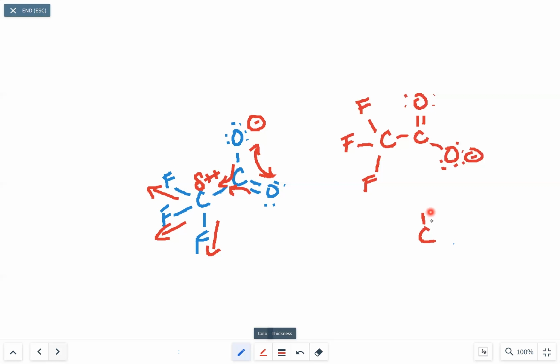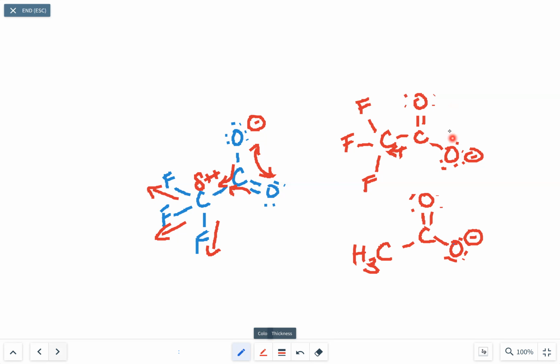The corresponding compound over here would also be stabilized by resonance. But the added thing that this has going for it is that inductively it's shifting electron density in this direction. And so this negative charge is actually being shared over even more atoms because of the inductive effect.